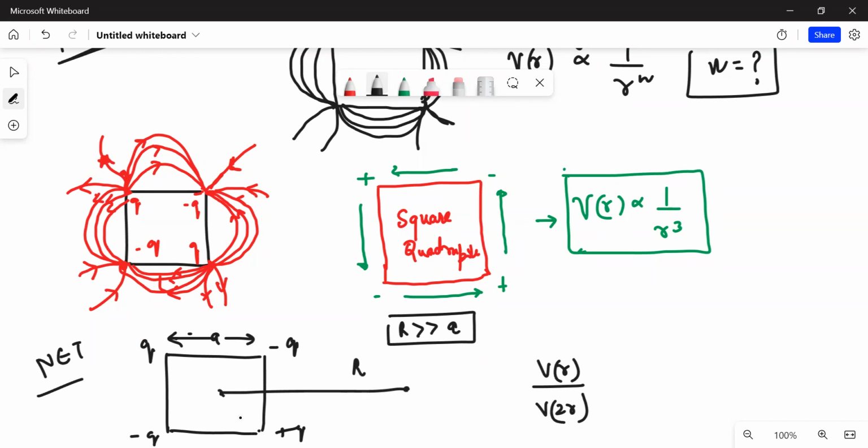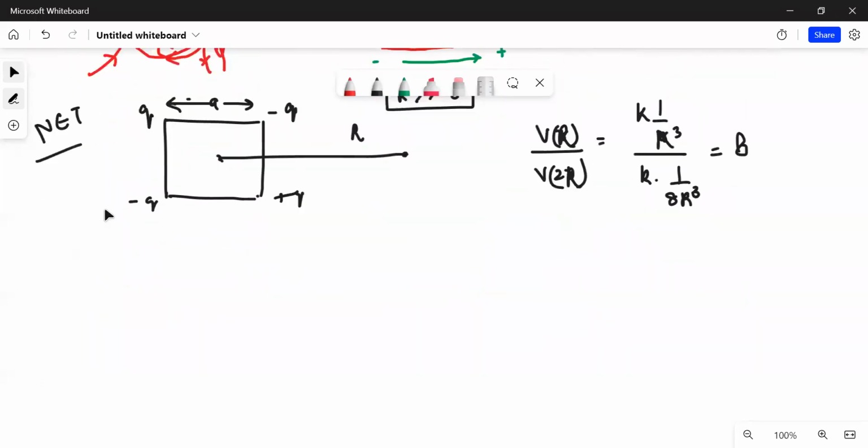One can clearly see that this is a square quadrupole arrangement. And I know that in a quadrupole arrangement, the potential is inversely proportional to R cube. So I'll write K upon R cube, sorry, R capital. So this will be K upon 8 R cube. So the answer should be 8. Is that clear? Is that clear or not clear? Yes, sir. Okay, good enough.